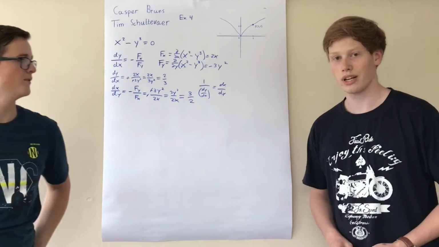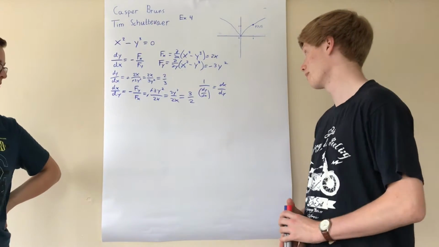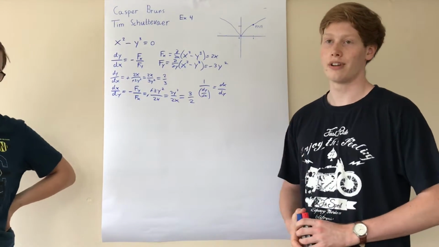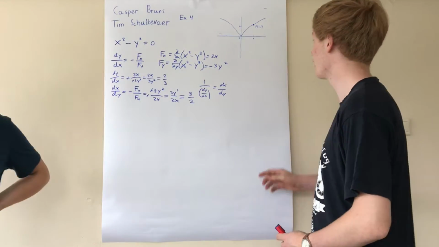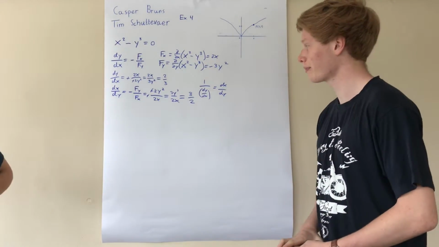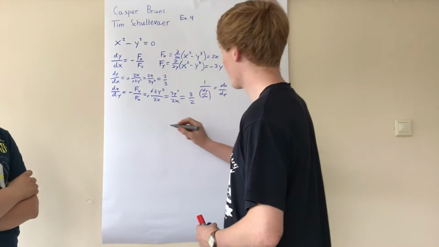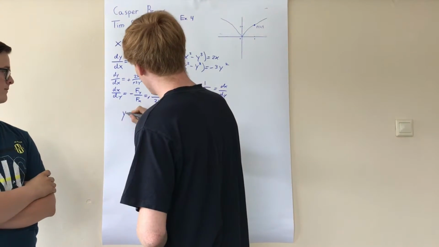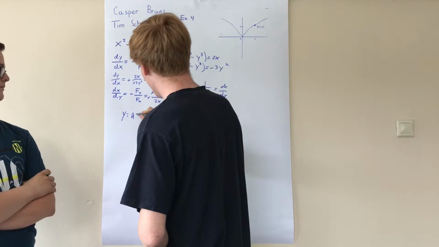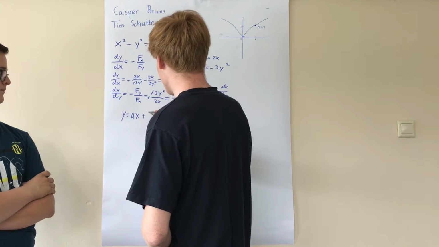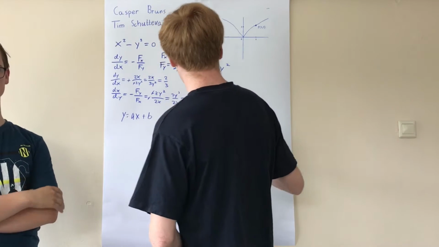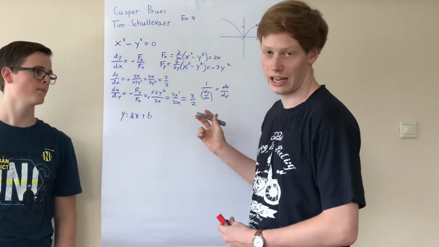For the second part, we are going to calculate the formula for the tangent line in point (1, 1). We are going to use the standard function y equals ax plus b, and we have found a already.